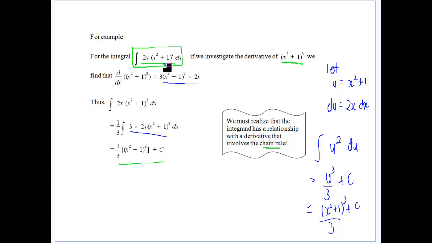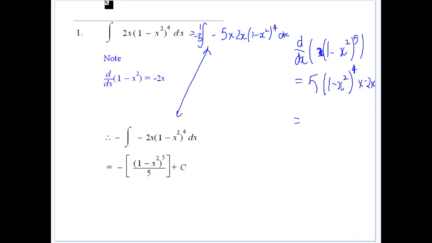What we're hoping, though, is that you can start to recognise that if I'm going to integrate something like this, that's what I would get if I took the chain rule and applied it on (x squared plus 1) all cubed. If you start to recognise that, then that's excellent. That's starting to make life easier for yourself.